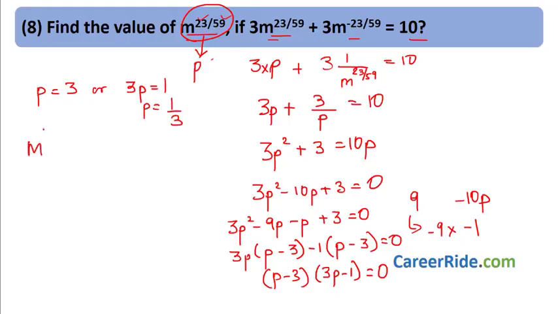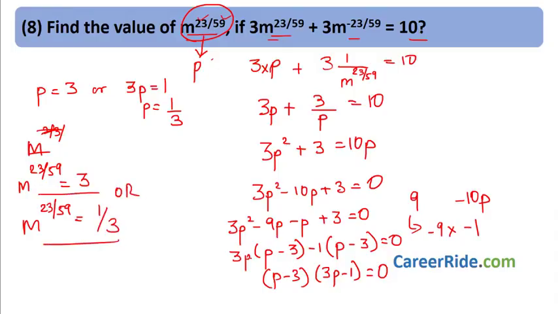So m raised to 23 by 59 can be 3, or m raised to 23 by 59 can be 1 upon 3. So these are the possible answers.